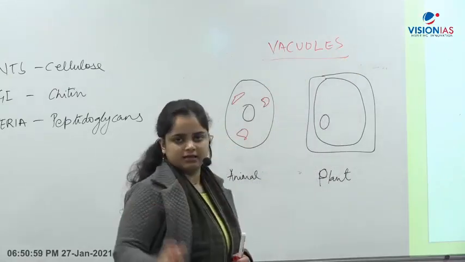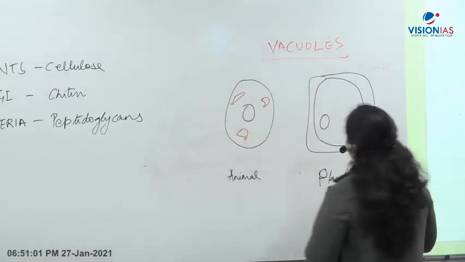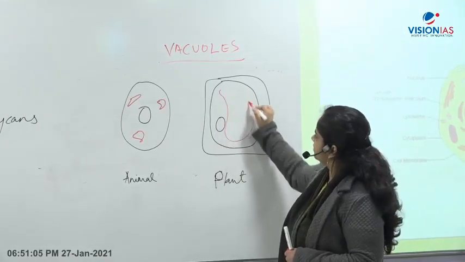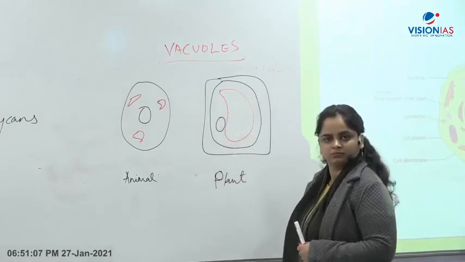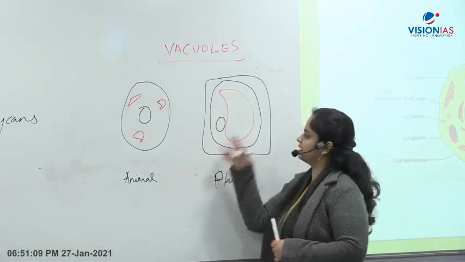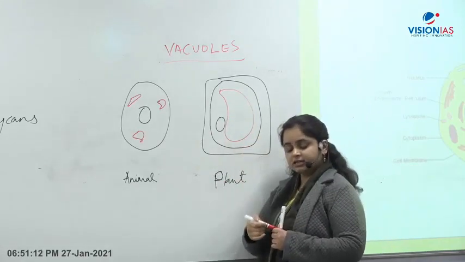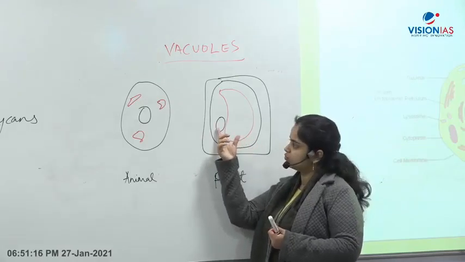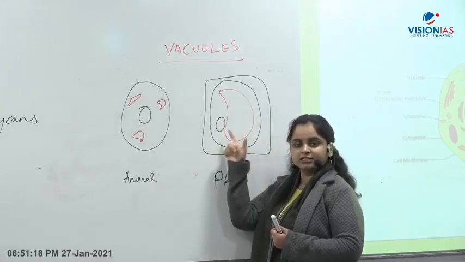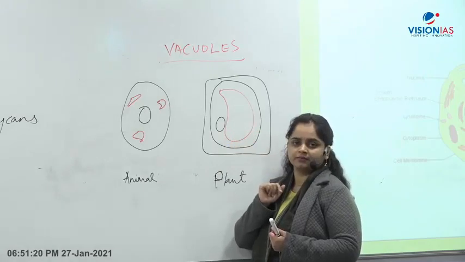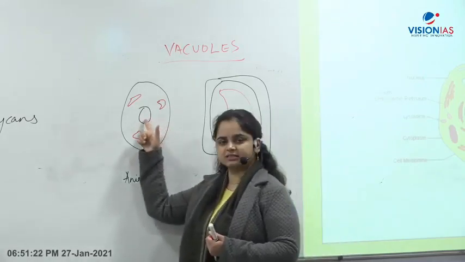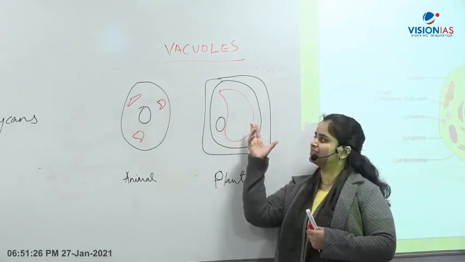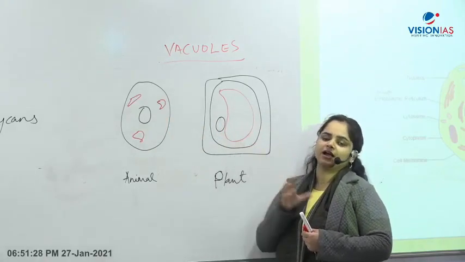In a plant cell, there is one large single central vacuole instead of many small ones, and it is so large that the nucleus, which is supposed to be in the center, is pushed to the periphery. Here you see the nucleus is in the center, but in the plant cell, the nucleus is pushed to the side because of this large central vacuole.